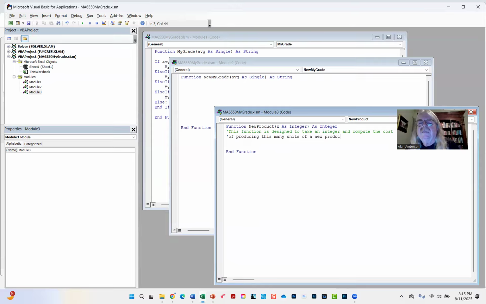There's some using apostrophes. The green tells me this is a comment. The program will completely ignore it. You can have as many of these as you want, but once you start it, it's going to be green all the way after that. So what you can do is actually put it at the end of a line. Like you could say X represents the number of units.